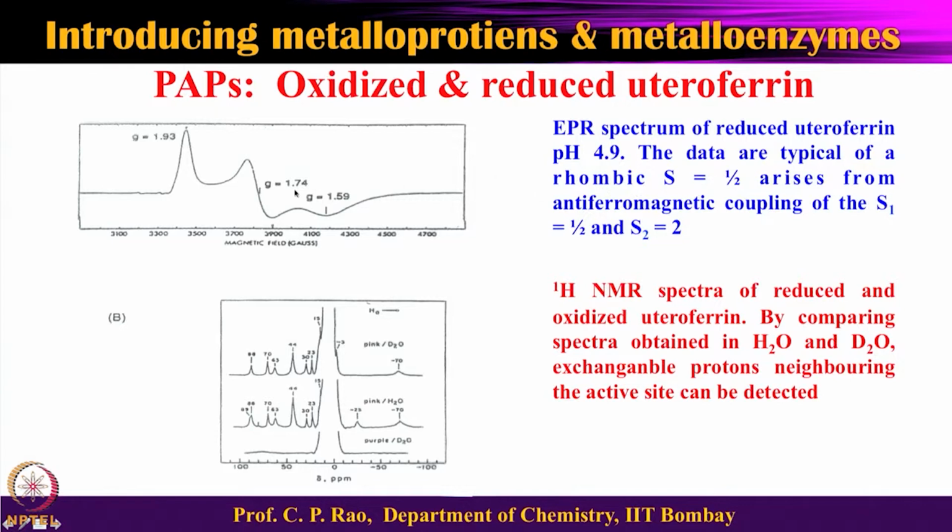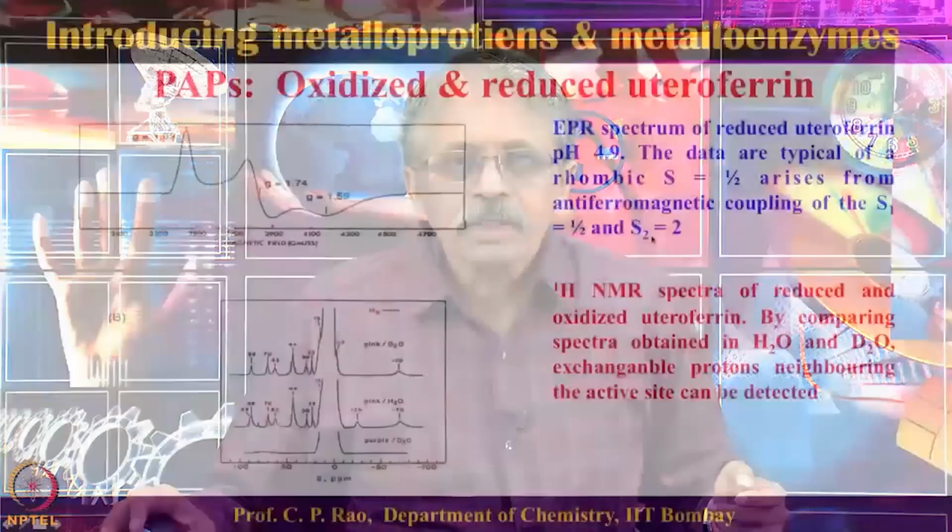and if you look at this particular EPR spectrum, you can see the EPR spectrum is very characteristic of the rhombic type, S equal to half, with the antiferromagnetic coupling with the S equal to 2. Okay. So, the one center, say, is S equal to half, the other is S equal to 2, and that is where you have the coupling happening.